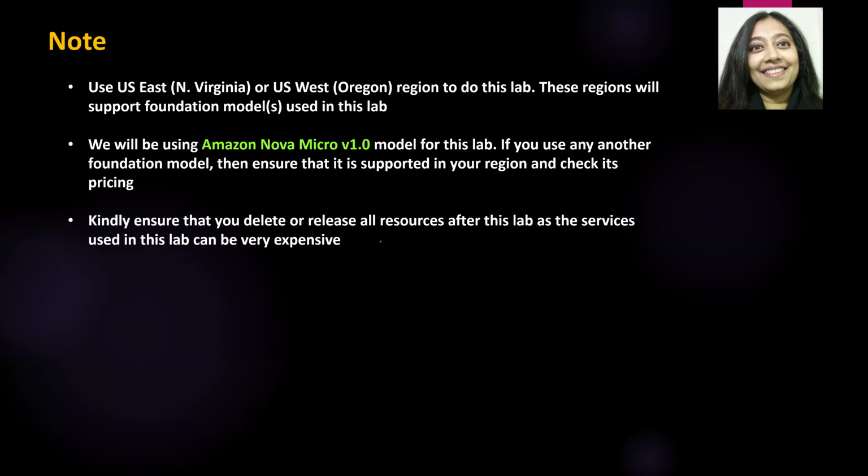Before we continue, a couple of things to keep in mind. You can use either US East, that is North Virginia, or US West, that is Oregon region to do this lab. These regions support the foundation models that are used in this lab, primarily Anthropic and Amazon Nova Micro version 1.0. That is one of the key models that we'll be using.